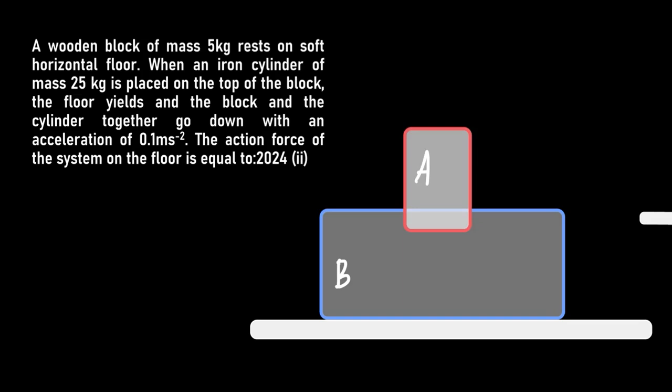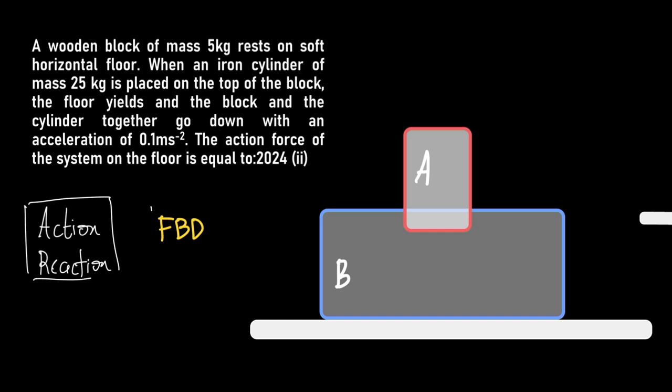Now the question comes up that we have discussed action reaction pairs, right? Action reaction pair. We did also discuss the free body diagram. But why did we do so? We did so because the question says we've been asked to find out the action force on the system.